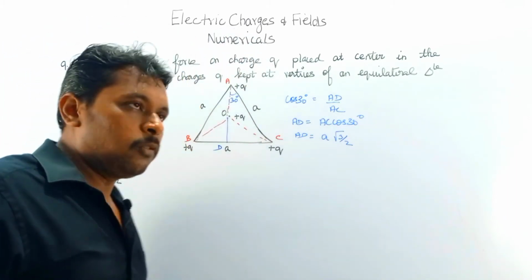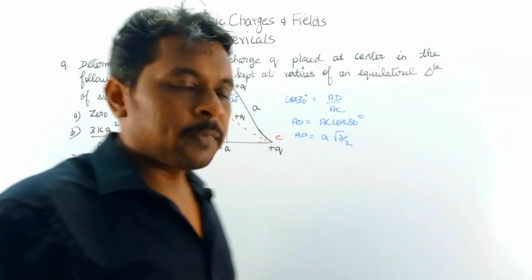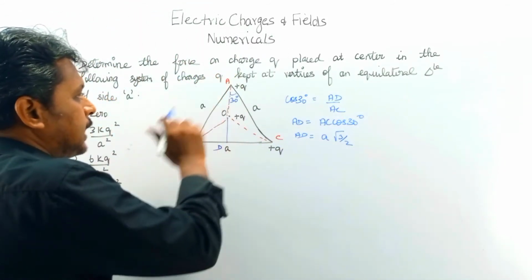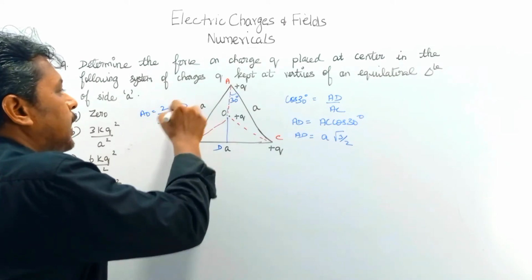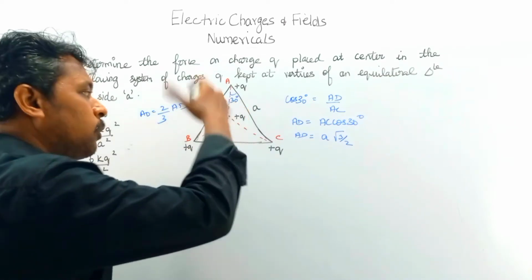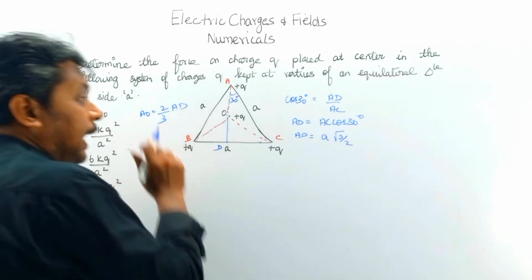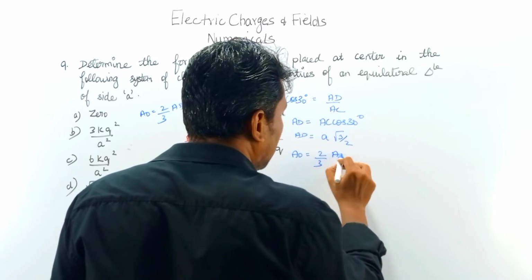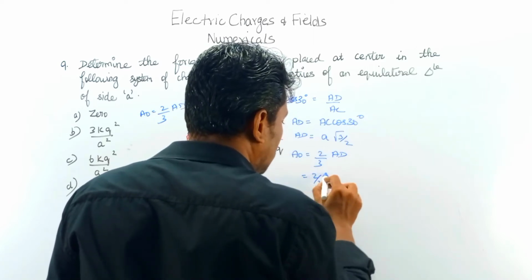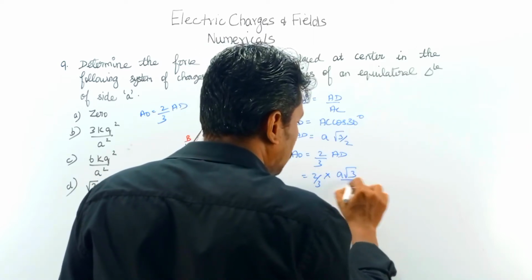But we don't want AD, we want only AO. From the equilateral triangle we see that AO is equal to 2 by 3 of AD, and OD will be 1 by 3 of AD. So the value of AO is 2 by 3 of AD, so 2 by 3 into A root 3 by 2.